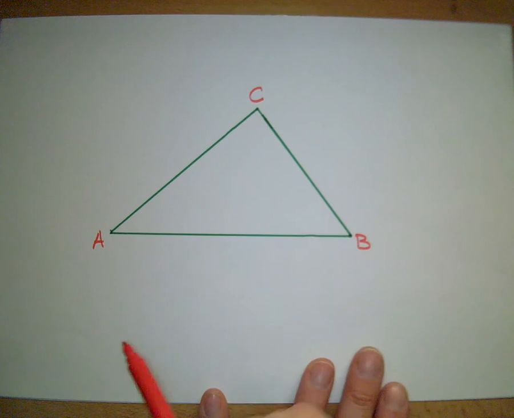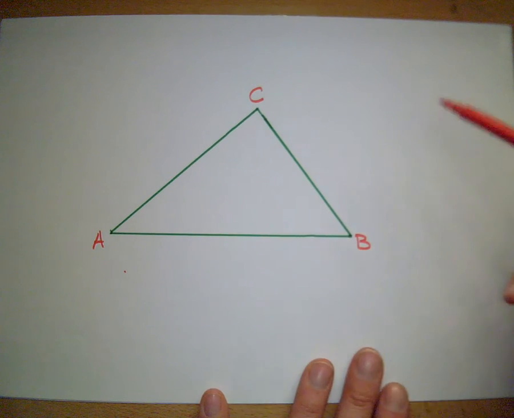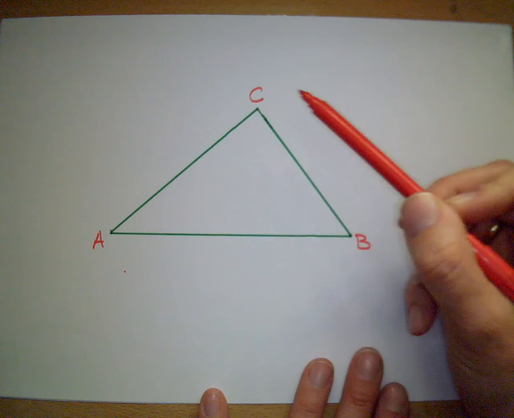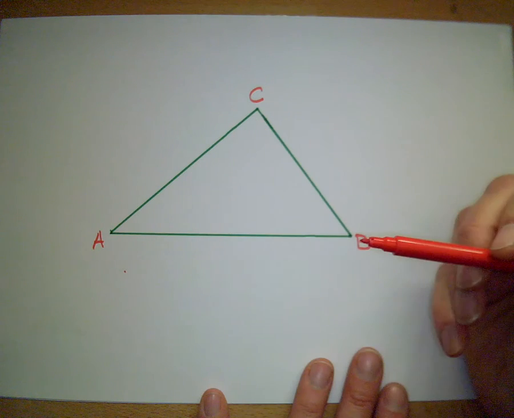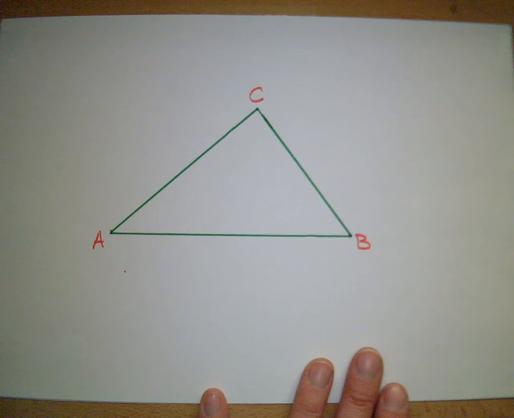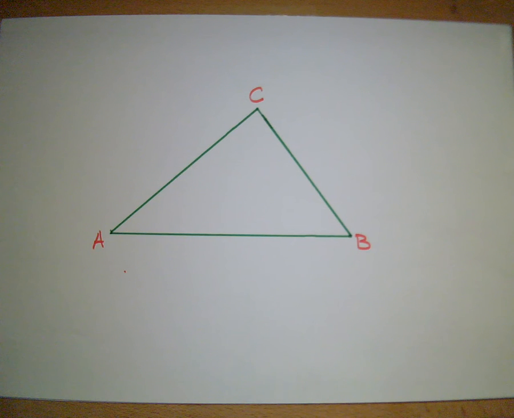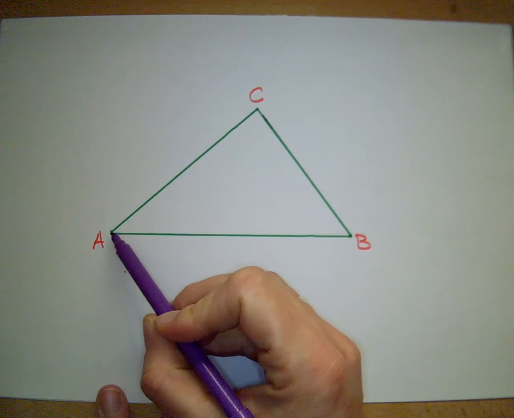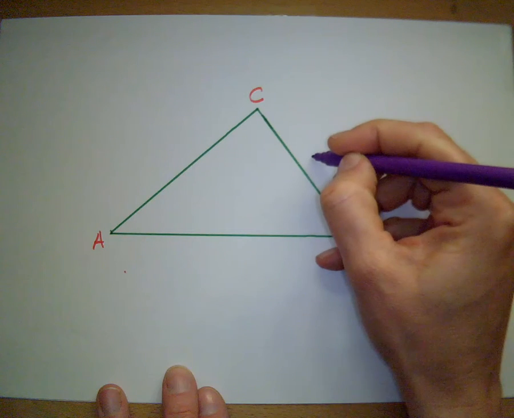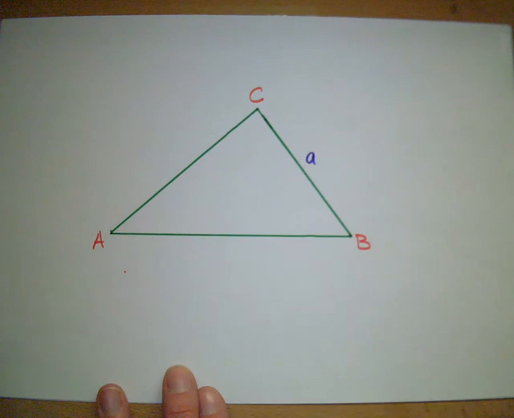This is a triangle. It's triangle ABC. This is not a right angle. You can tell it's slightly smaller than 90 degrees. The thing that we do when we label these sides and angles is that if this is angle A, we're going to call the opposite side small letter a, side a.